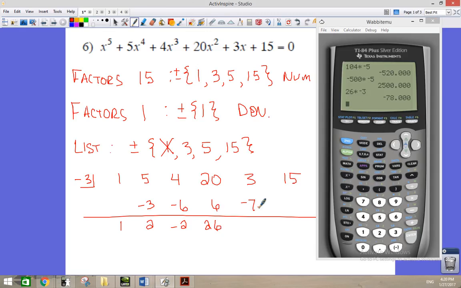Negative 78, negative 75. Definitely not 0. All right. So 3 and negative 3 are off the list.